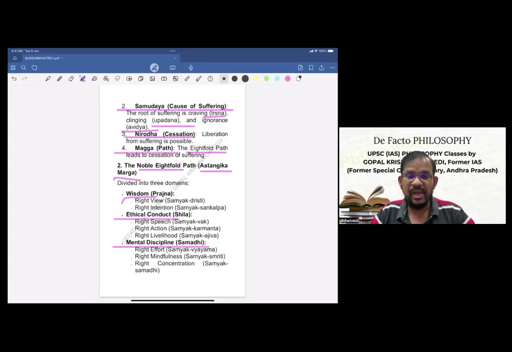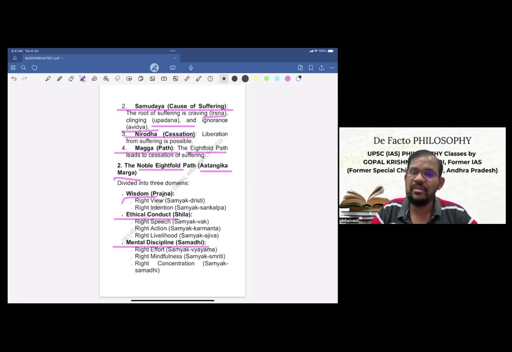Right effort, samyak vyayam. Right mindfulness, samyak smriti. Right concentration, samyak samadhi. So this is the noble eightfold path, Ashtangik Marg, the path of liberation, or the path of cessation of suffering. This is what Buddhism has.